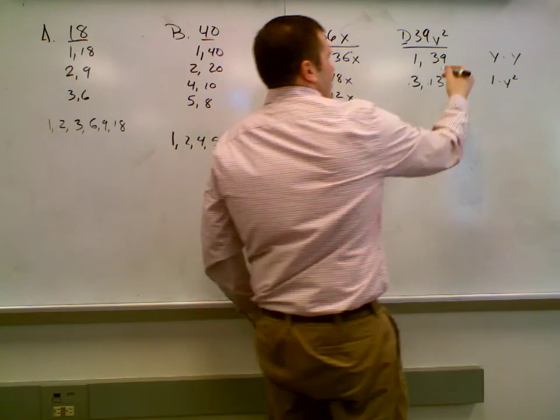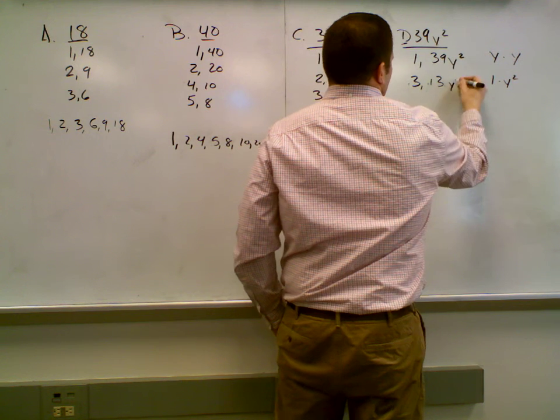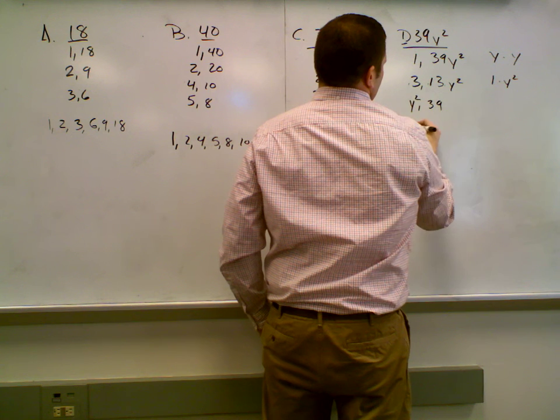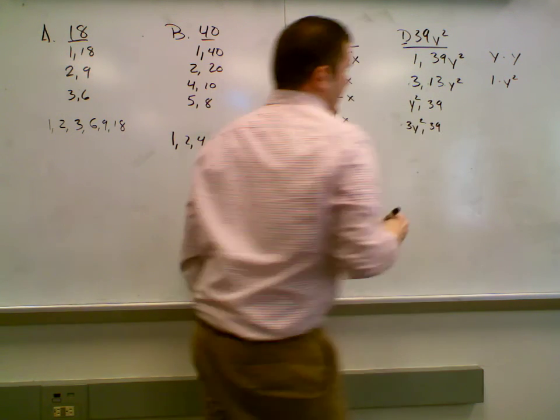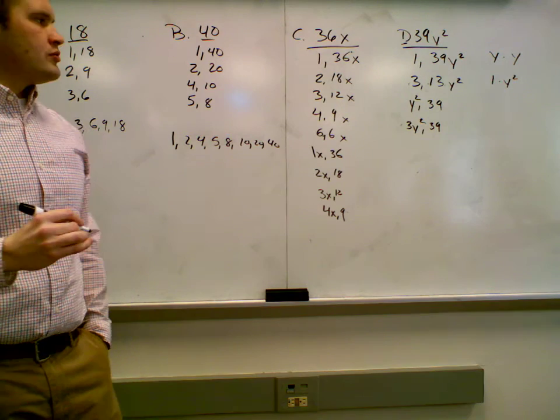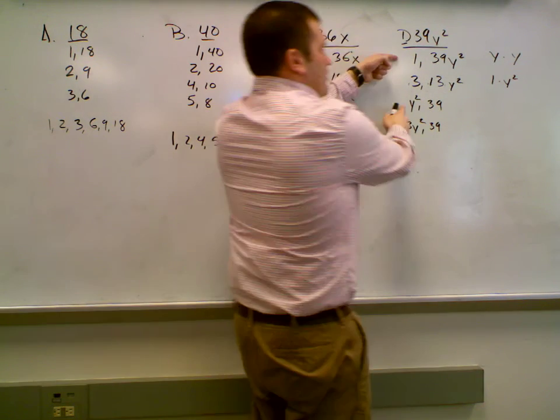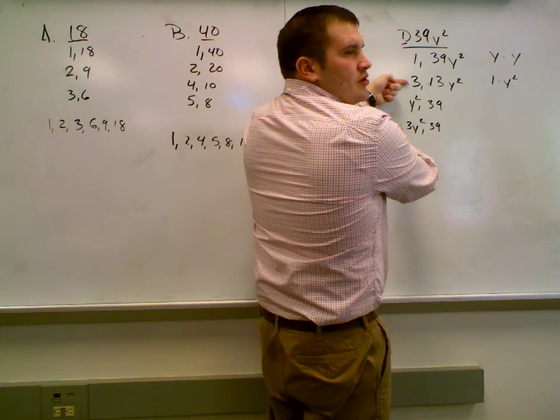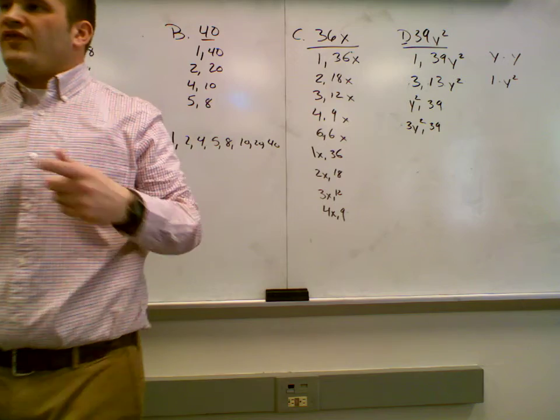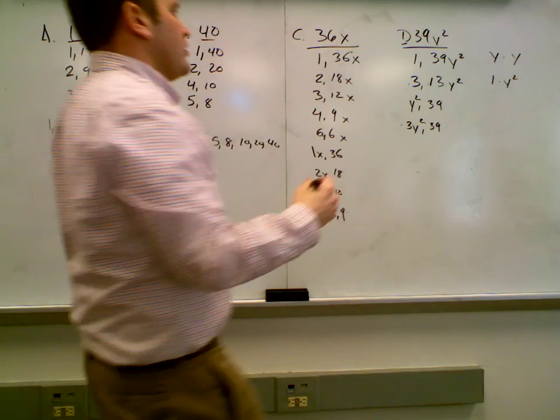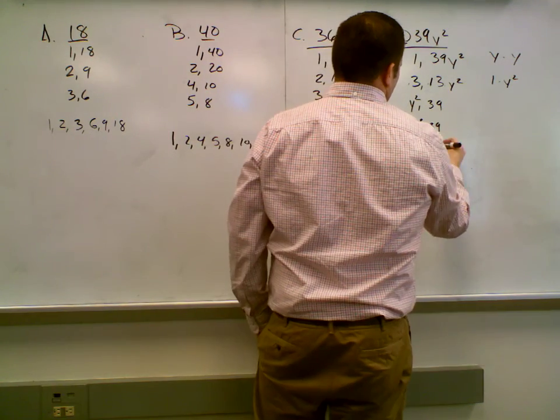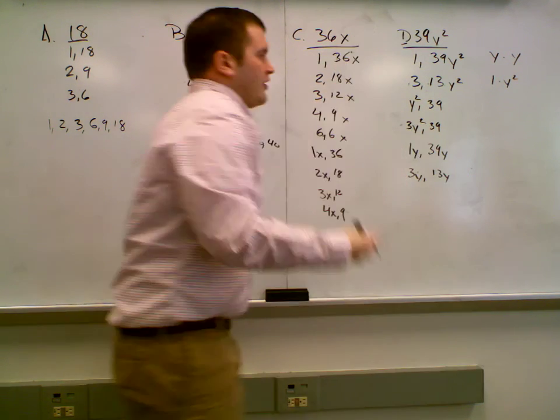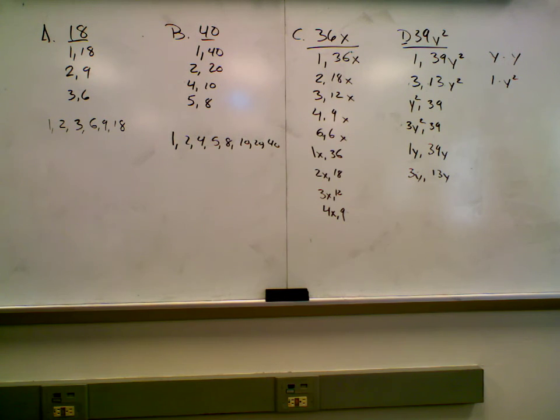I can add a y squared to each pair, and that'll work. These two are the same, I just move my y squared. Or I can give both factors a y. So 1y and 39y, 3y and 13y. And those are all our factors of 39y squared.